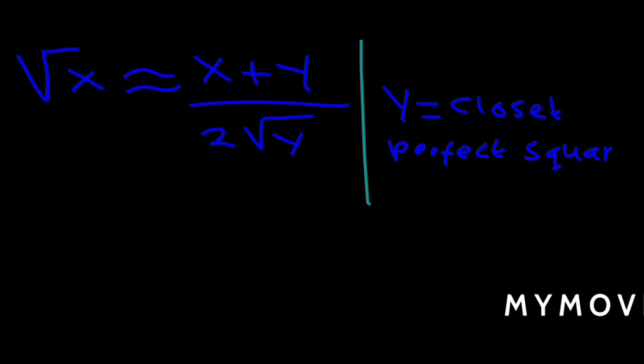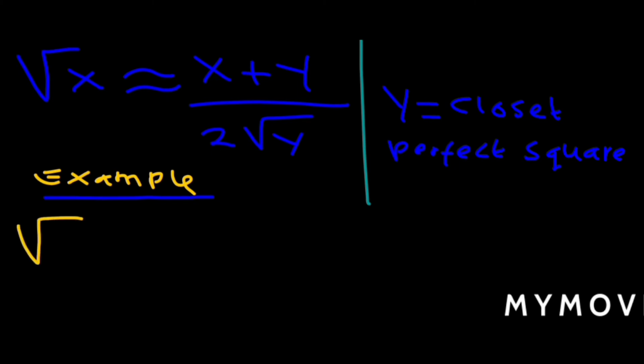You have to find the closest perfect square to x, that is y. So that is the formula that you have to use. You should keep that formula in mind. This is one of the simplest ways that you can use to calculate the square root of any value. So now let's take a look at some of the examples.